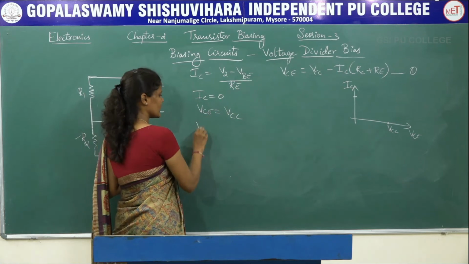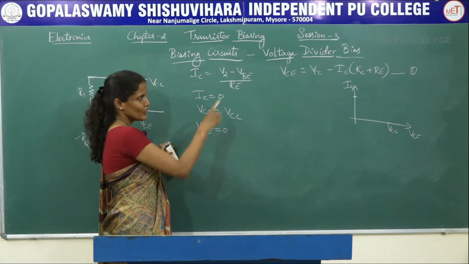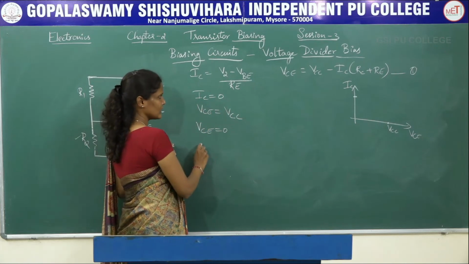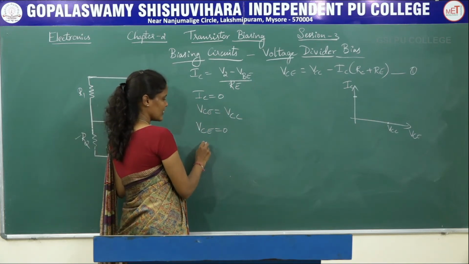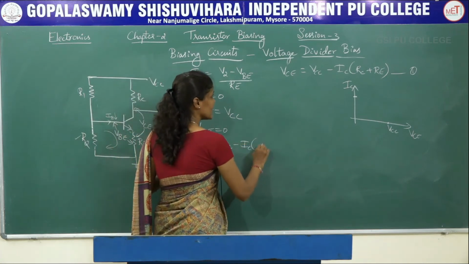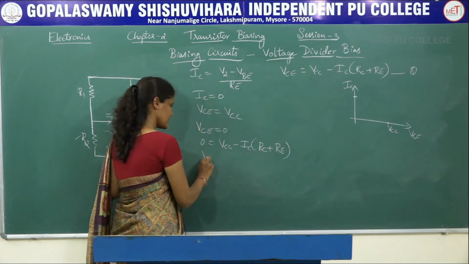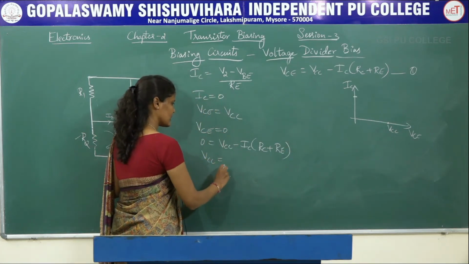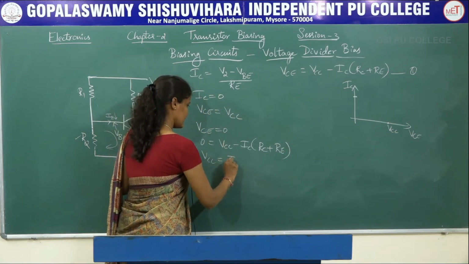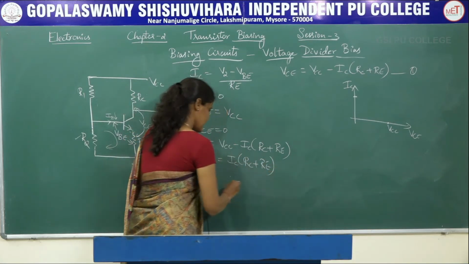Now for the same expression, if I substitute VCE value as 0, what do we get? The equation 0 equals VCC minus IC of RC plus RE. VCC equals IC of RC plus RE.